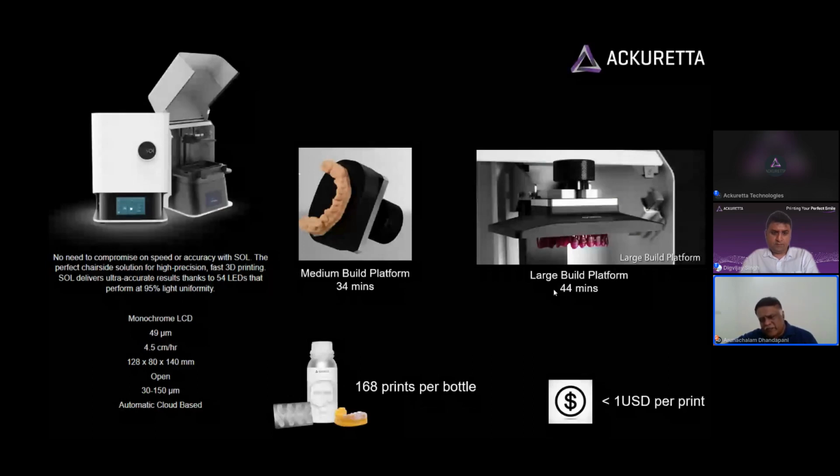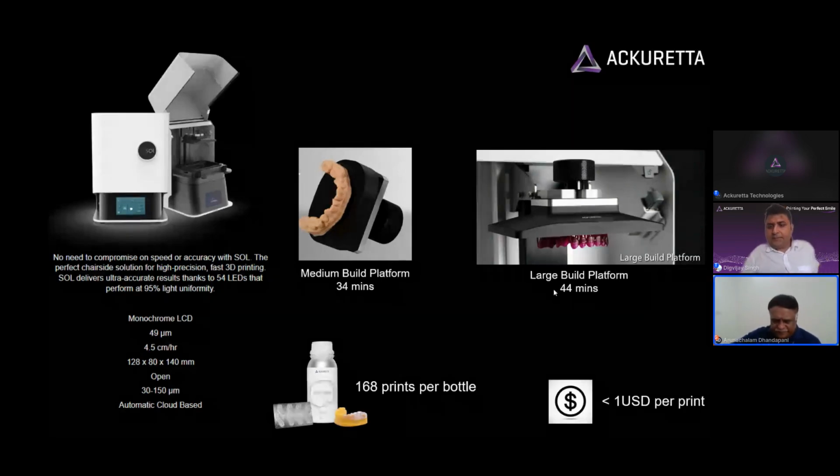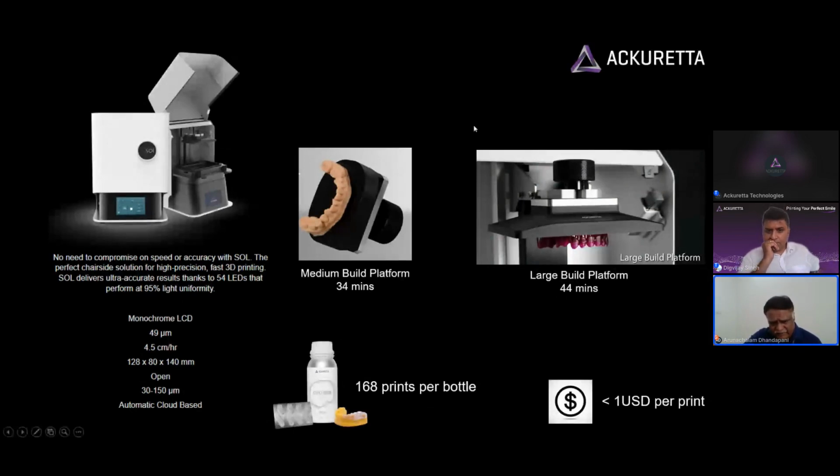In a large build platform, it usually takes three-quarters of an hour. And the cost per print is about $1 per print, which is pretty impressive because the amount of saving that you have in terms of less rework on all of your cases, I think that's a big plus.